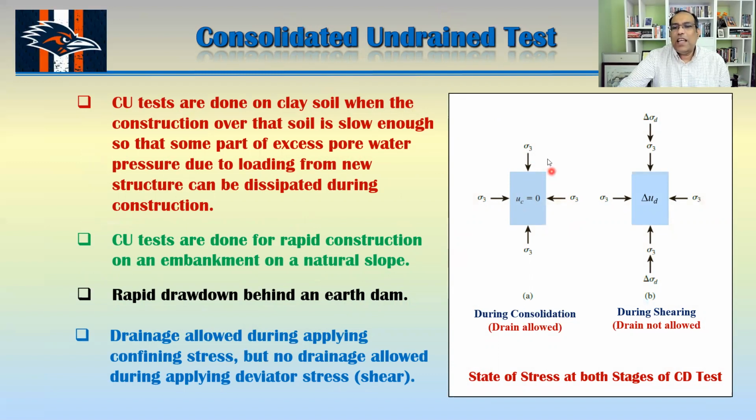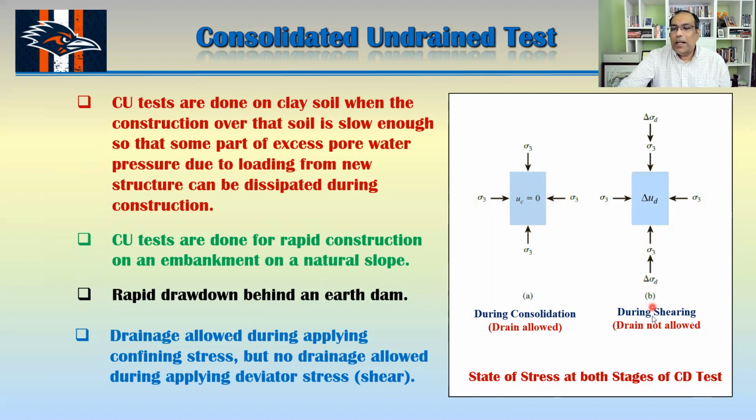So if you see that schematic here, or the state of stress at both stages of the CU test, then you can see at the beginning, when you are applying stress during the consolidation, drain is allowed and you will see your excess pore water pressure is equal to 0. Okay.